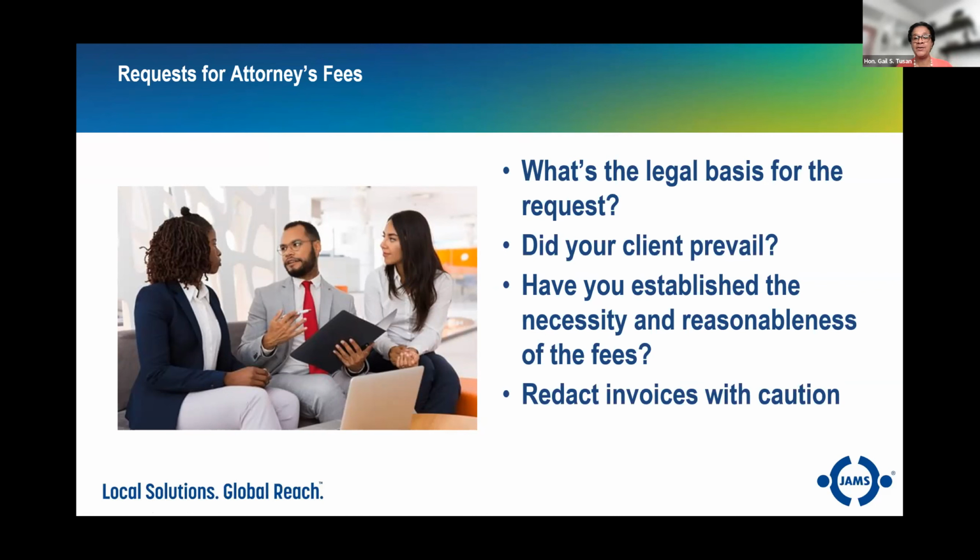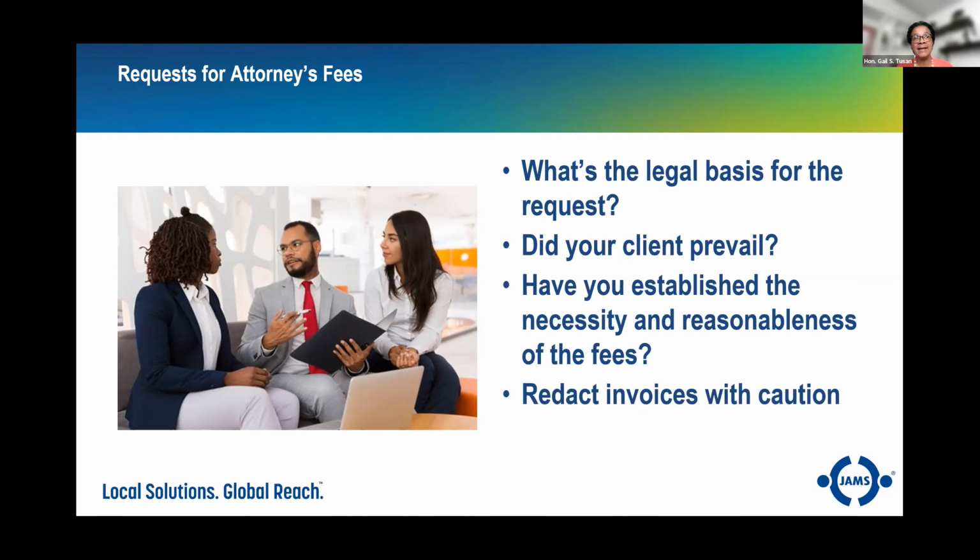The arbitrator needs to be briefed on the legal basis for the request, what the authority is. And then there's a good bit of time spent on this issue, especially if the provision indicates that a party who prevails, blank, blank, blank, can recover, whether or not the client actually prevailed. And there's a lot of case authority out there on this issue.